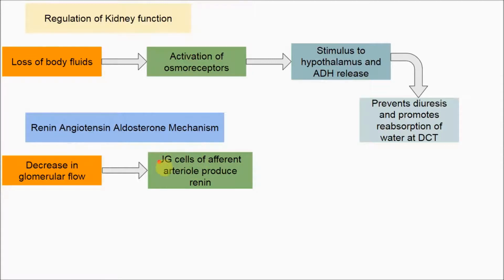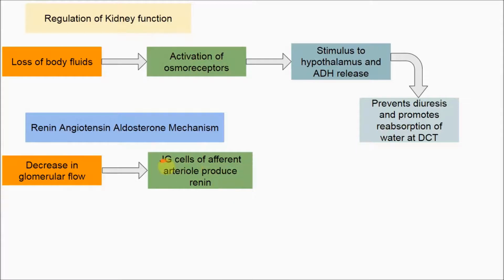Now, the juxtaglomerular cells of the afferent arterioles start to produce an enzyme called renin. Remember, do not confuse this renin with the digestive enzyme rennin present in the stomach, right? Both names sound the same, but the spellings are different: RENIN and RENNIN. Rennin comes in the stomach, but this renin comes in the kidney.